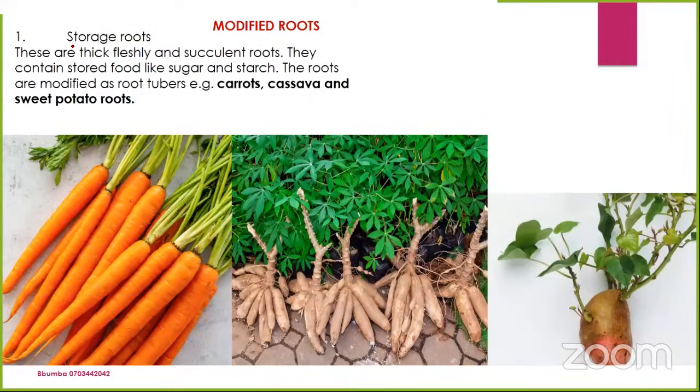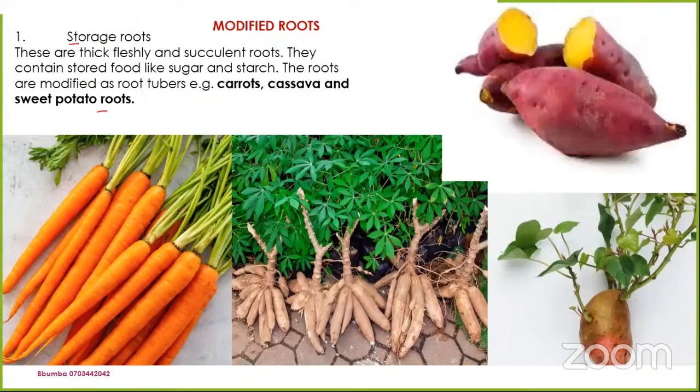So what is that type of modification called? They are called storage roots. The most common examples are carrots, cassava, and sweet potatoes. That's why I got these pictures of a whole plant, otherwise many people may not understand it when they just look at it from there.